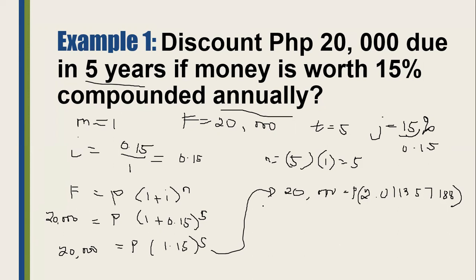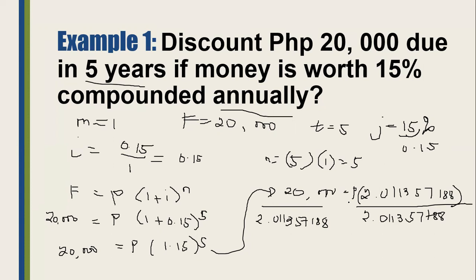And then to get the present value or the principal amount, divide both sides by 2.011357188. This is how we came up with 20,000 after 5 years.